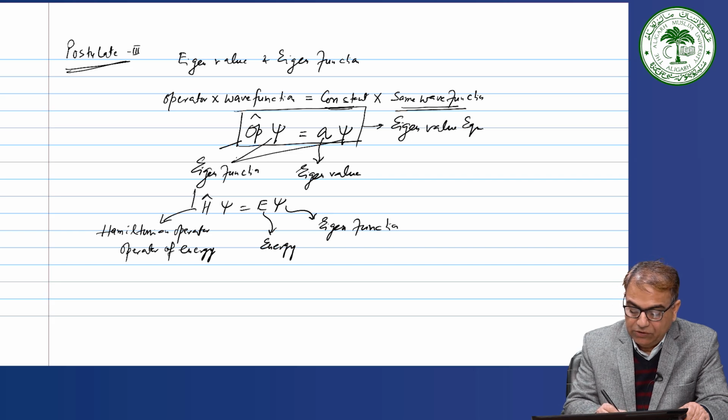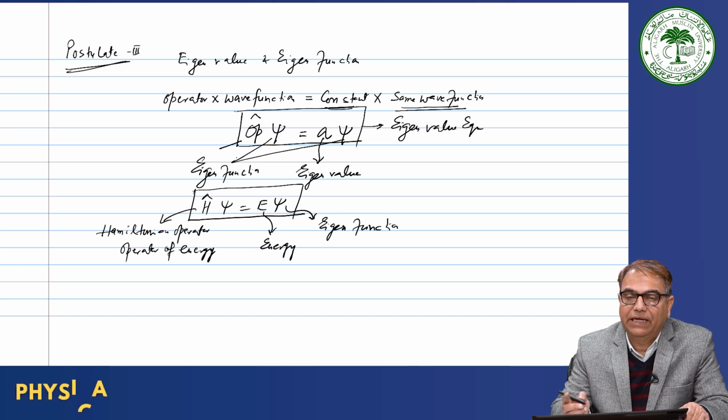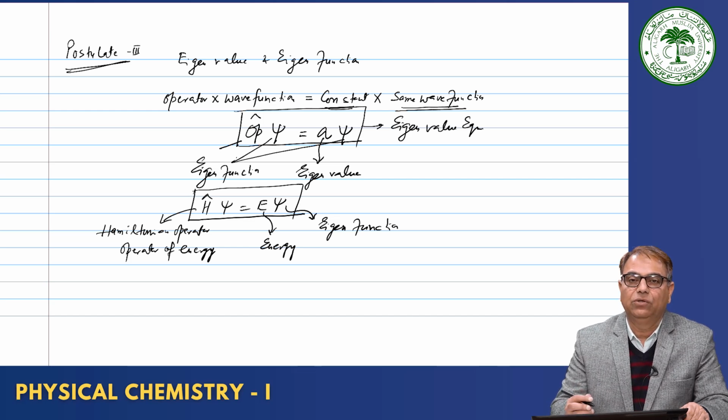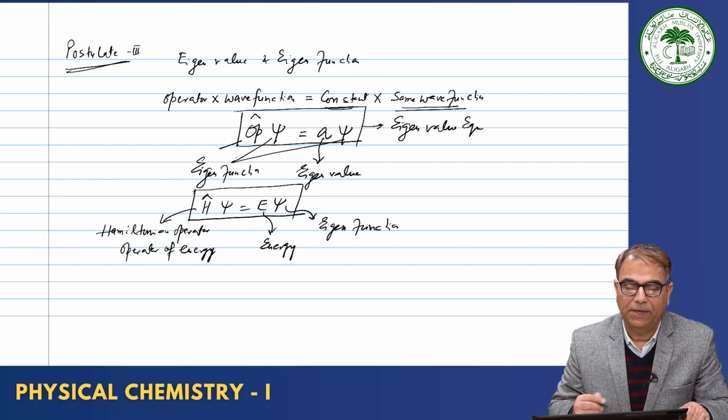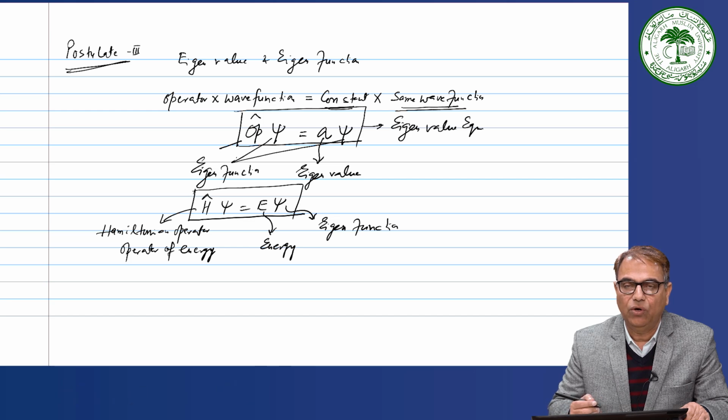So, H psi is equal to E psi is actually an eigenvalue equation, where psi is an eigenfunction and E is the eigenvalue. The constant gives, and in this way, for any physical quantity you use an operator, operate with the operator on the function, and you get a constant value, and that constant value is the value of the physical variable whose operator you are using.